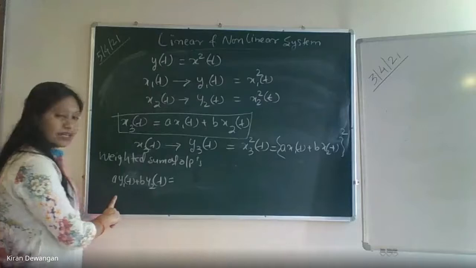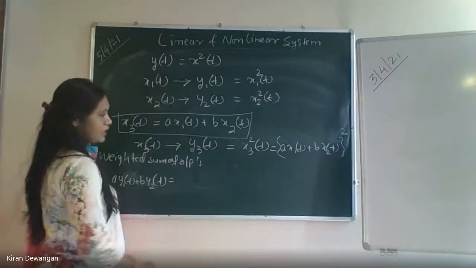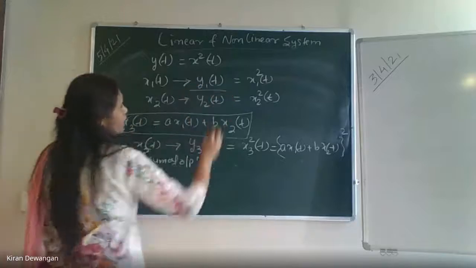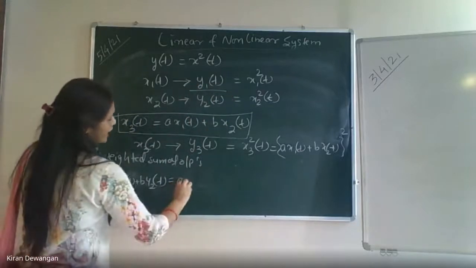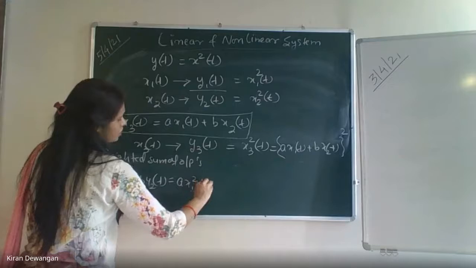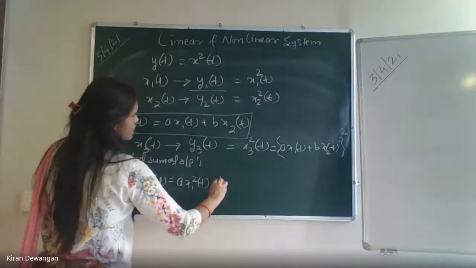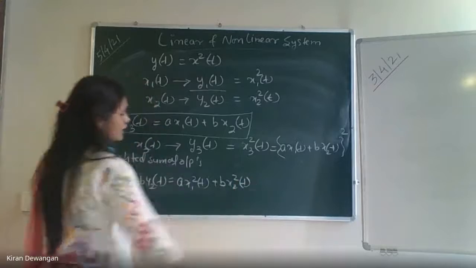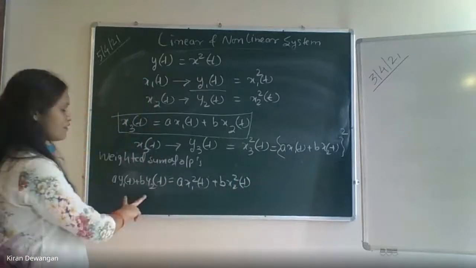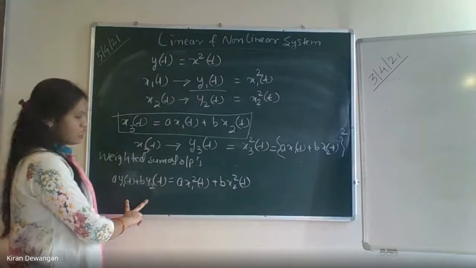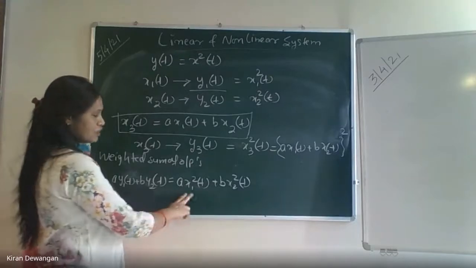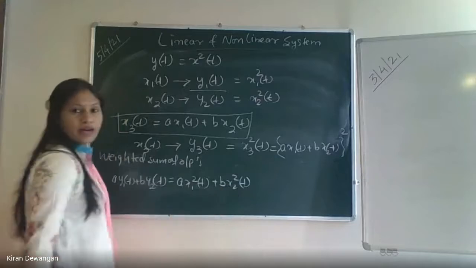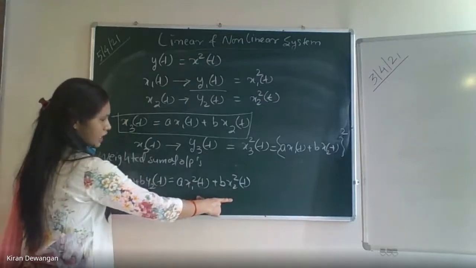And what is this? a y1t, if I apply a to it, this becomes a x1 square t plus b x2 square t. That's it. This is the weighted sum of output. If I take the weighted sum of output, this becomes a x1t square plus b x2t square. Okay? And this is the weighted sum of output.